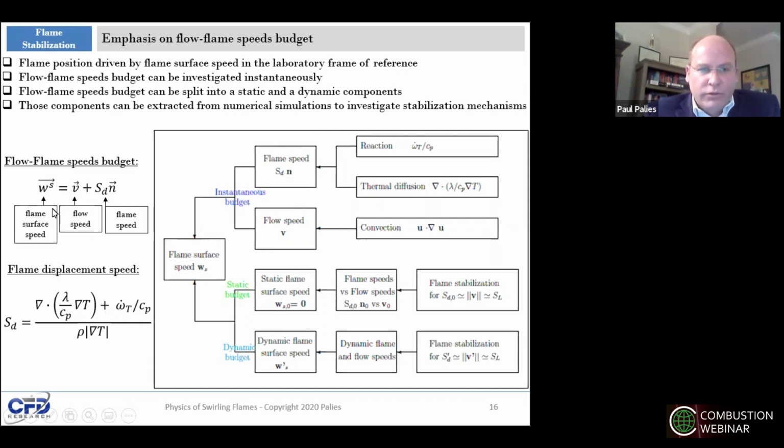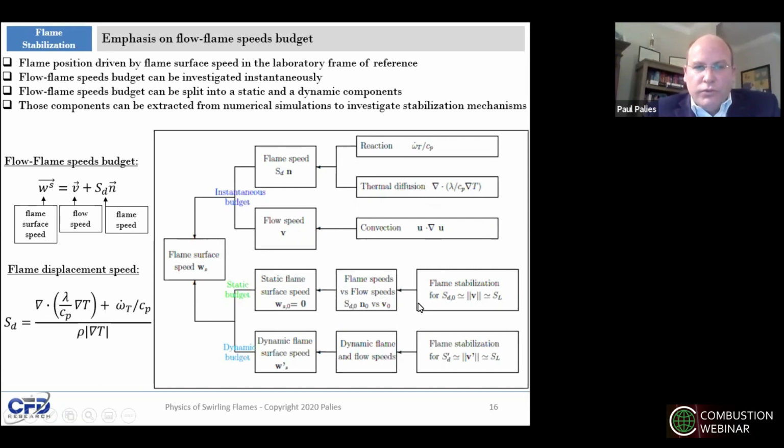And we are going to associate to this kinematic budget the flame displacement speed defined from the thermal energy budget here. And what is on this slide is which terms of the kinematic budget and the thermal energy budget affect the flame surface speed.